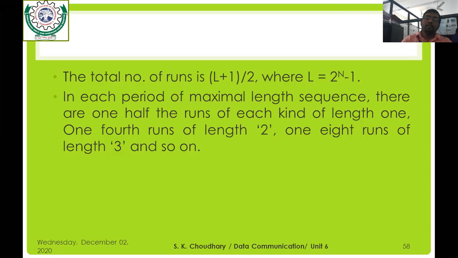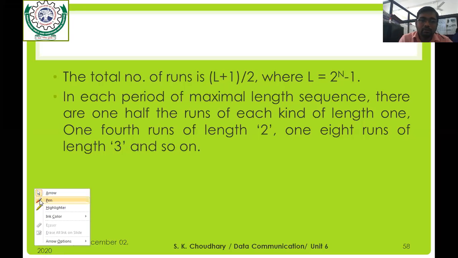So it would be (63 plus 1) upon 2, which means 64 upon 2, 32. So 32 runs are possible, and these runs could be of length 1, length 2, length 3. In each period of the maximum length sequence, there are one half of the runs of length 1.